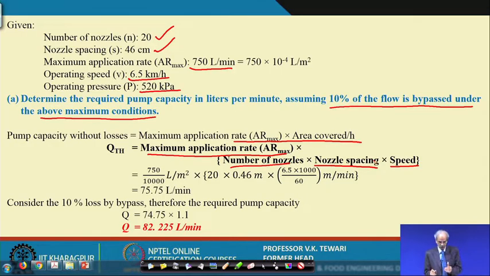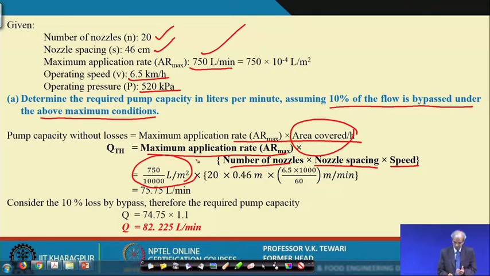The number of nozzles, spacing and speed at which it is moving will give you the area covered per unit time, and the maximum application rate, which is already given to you, is multiplied by this, which gives about 75 liter per minute. So, the pump capacity without losses is 75.75 liter per minute.